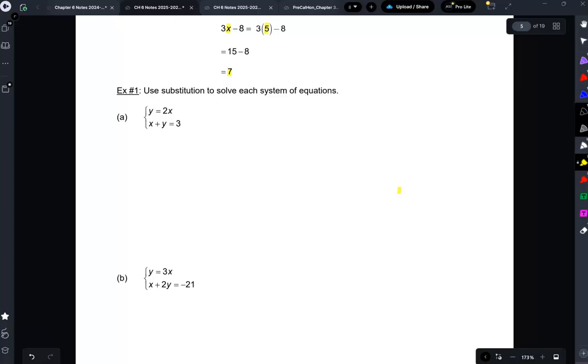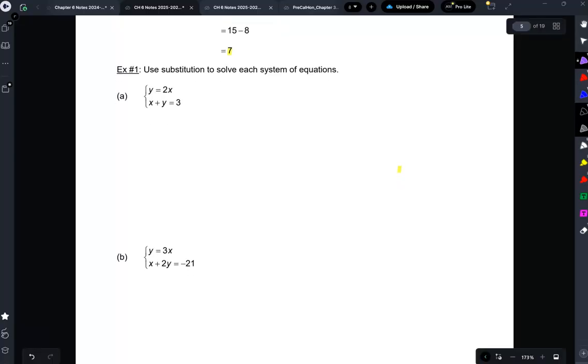Here, we're going to use substitution to solve the system of equations. The best problems to use substitution for are the ones where you have one variable like x equal to something or y equal to something. So look at this one. I'm given that y is equal to 2x, right? So now in this problem, I substitute that for the y. So look here.